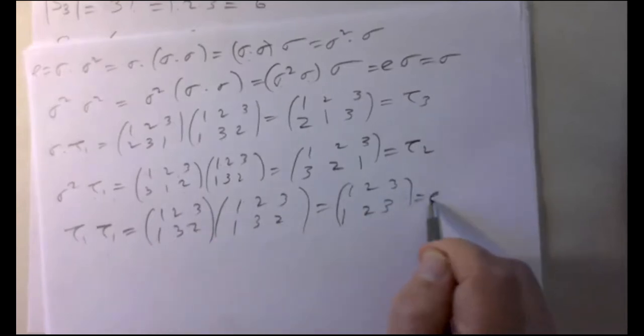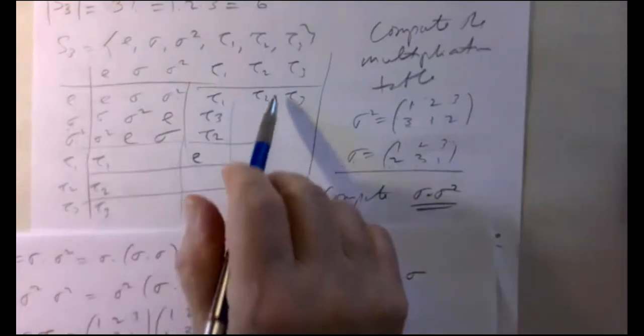This is, again, the identity. So tau 1 times itself is the identity, and so on. So it's a good exercise and a very important exercise to calculate all the other entries in this table, the multiplication table for sigma 3.